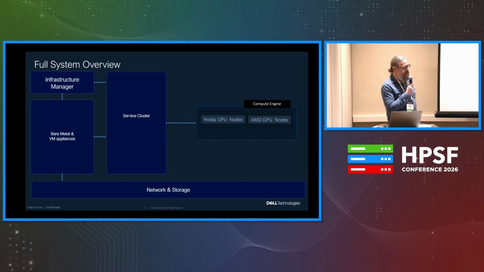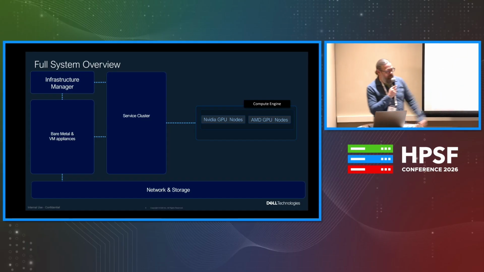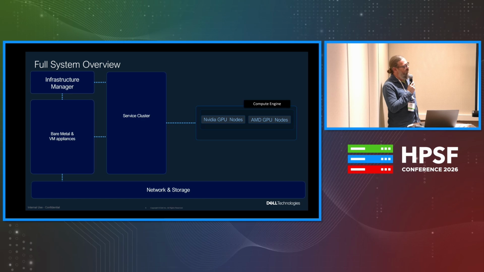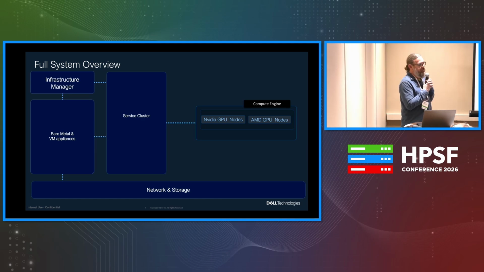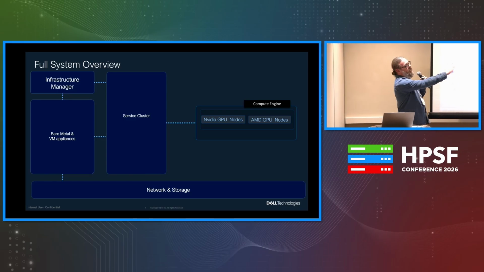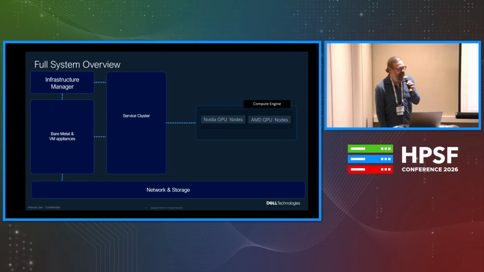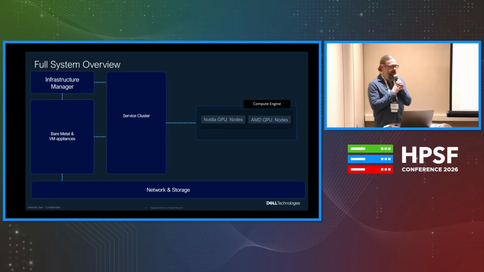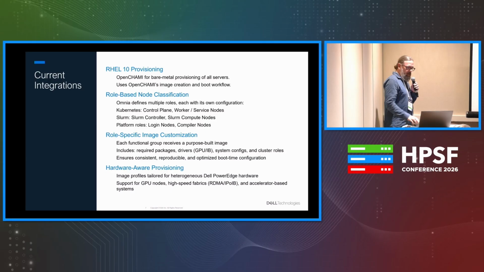So a couple of those pieces, and then we'll build out a service cluster that we call a fully Kubernetes system, where we start to deploy all of those other services, like telemetry collection, all of the other stuff that the rest of our customers are interested in seeing, or the tools that are needed to run the rest of that system. And then network and storage on the bottom, of course, always important.